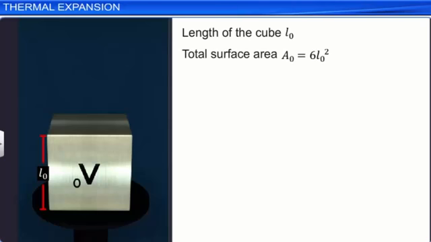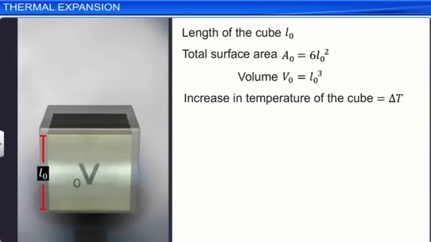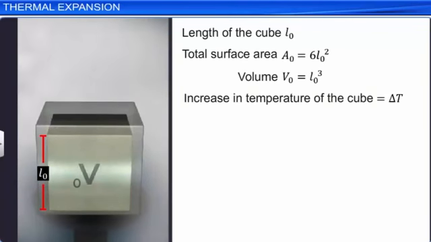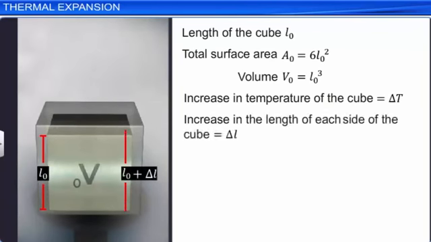Its total surface area A0 equals 6 L0 squared and its volume V0 equals L0 cubed. When the temperature of the cube is increased by delta T, let the length of each side be increased by delta L.